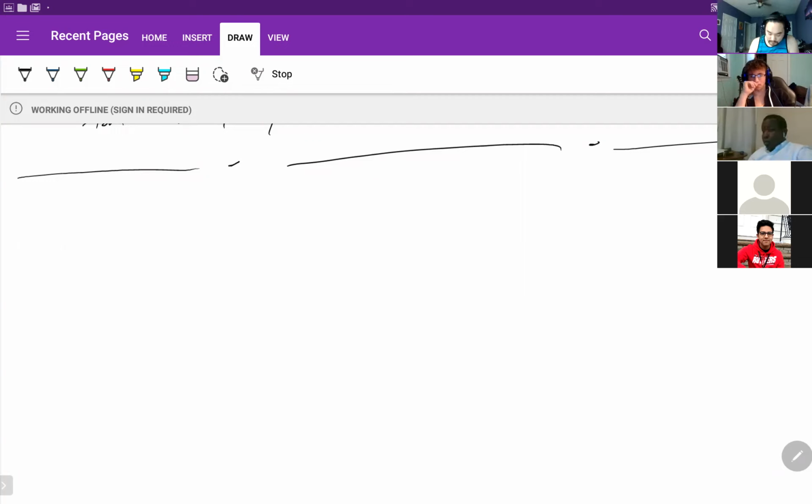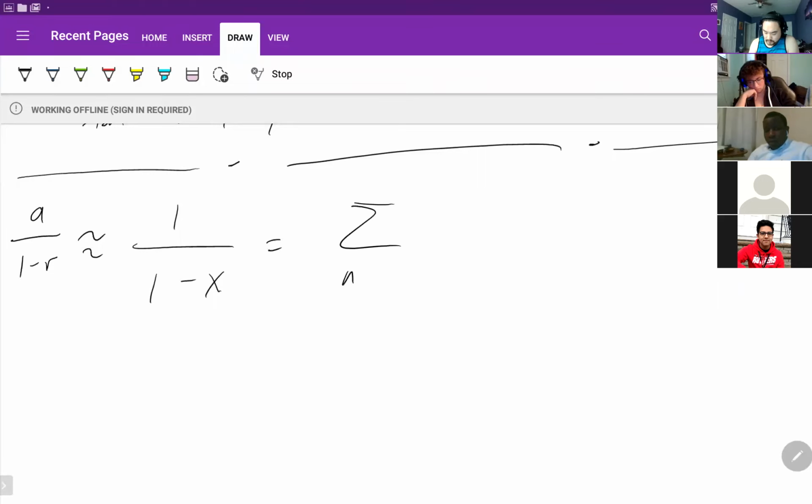I started off with 1 over 1 minus x, because it resembled our geometric series, if you guys remember. The trick was I just replaced a with 1 and r with x, and what we ended up getting was this series right here.